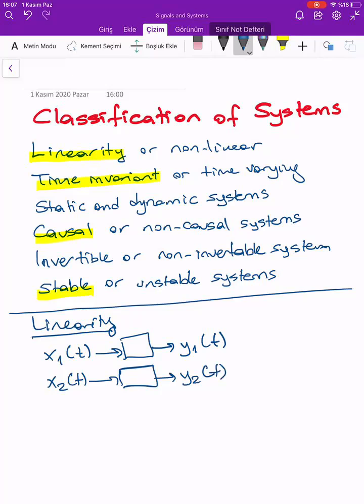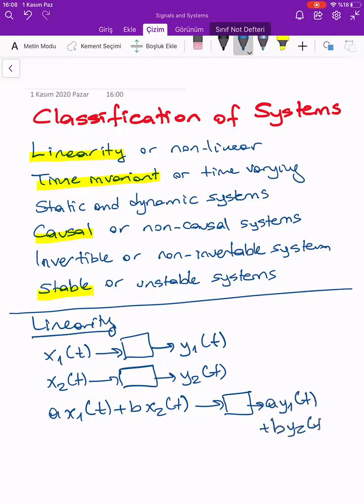If my system is linear, I should be able to write a times x1 of t plus b times x2 of t as my input, and my output should be a y1 of t plus b y2 of t. If this happens with your system, then this is a linear system.